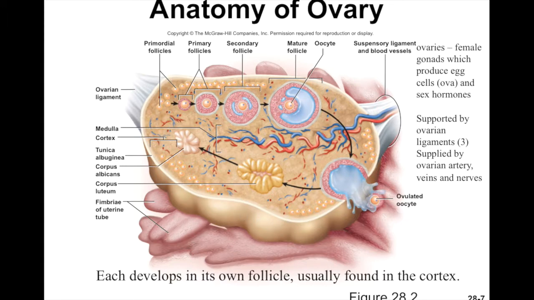In addition, the ovary is supported by three ovarian ligaments, as well as artery, veins, and nerves. And as we talked about before, the ovaries have a very high perfusion rate, which means they get a lot of blood exchanged very quickly and constantly because they need a lot of energy to produce these eggs and to release their hormones.